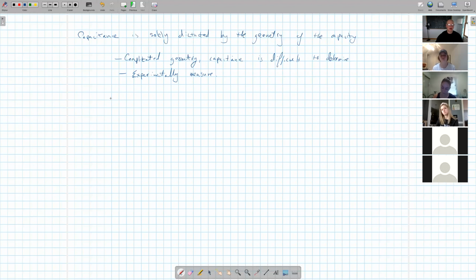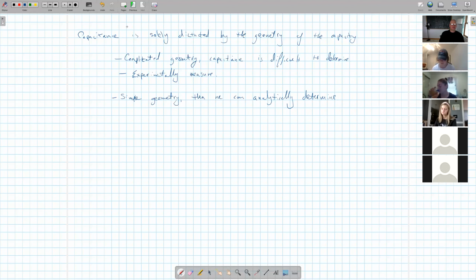But if it has a simple geometry, then we can analytically determine it. So we're going to see how to do that for a simple geometry.